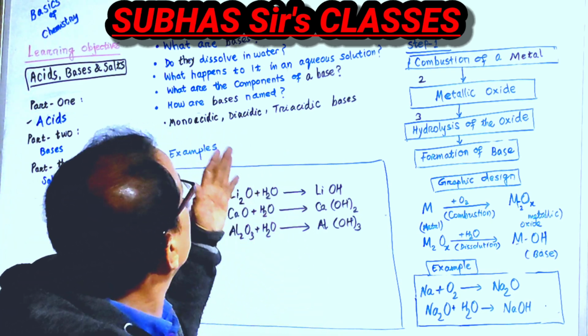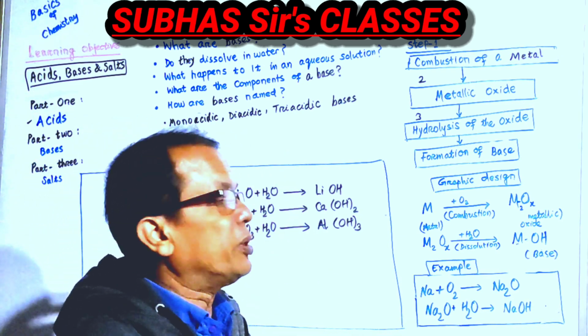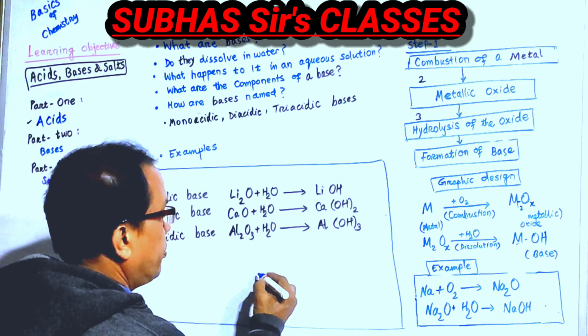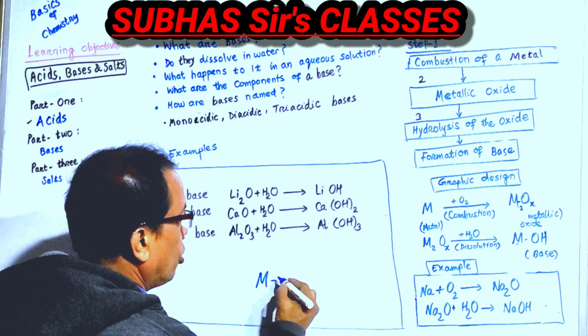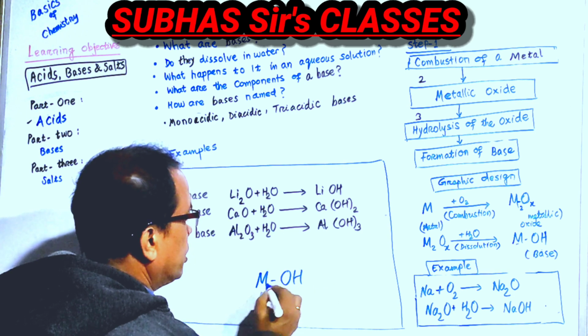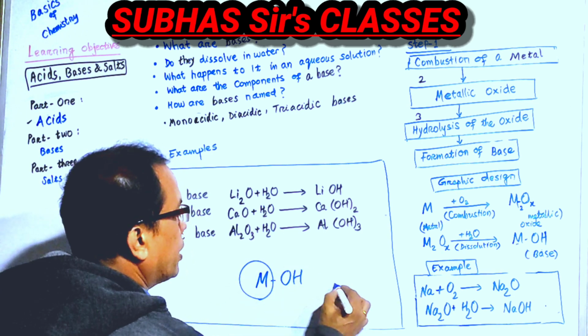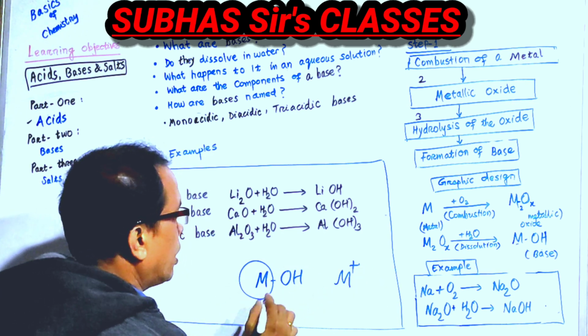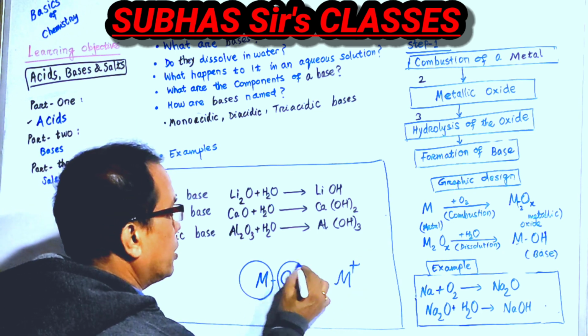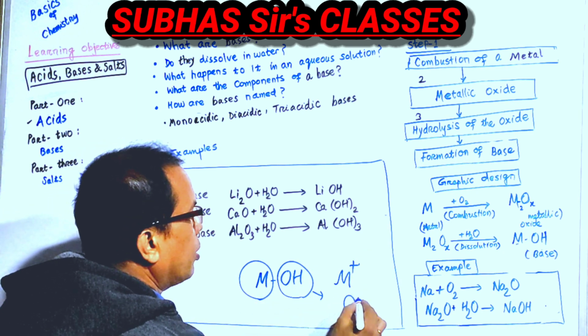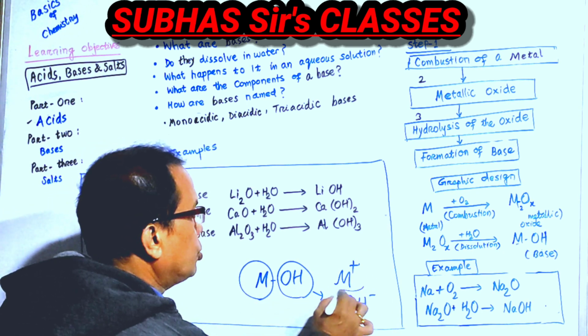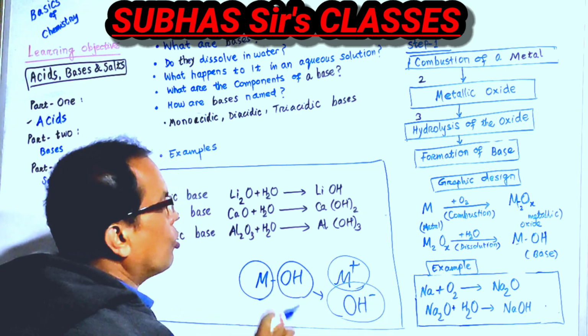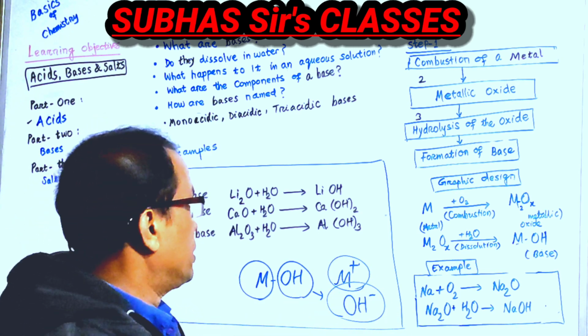So bases have two components. Every base should be of this pattern MOH, in which there is a positive metal ion and another negative hydroxyl ion. These two are basic components of a base.